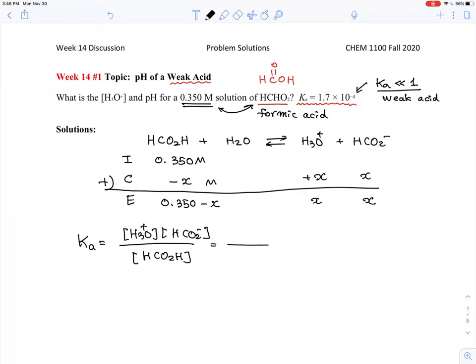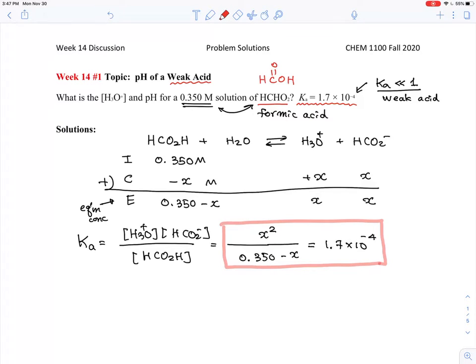Now this is the equilibrium concentration, right? So therefore, that's the one we are going to write: 0.350 minus X, and this is X squared, and this one is 1.7 times 10 to the minus 4. Okay, so this is our job now, trying to solve this quadratic equation.